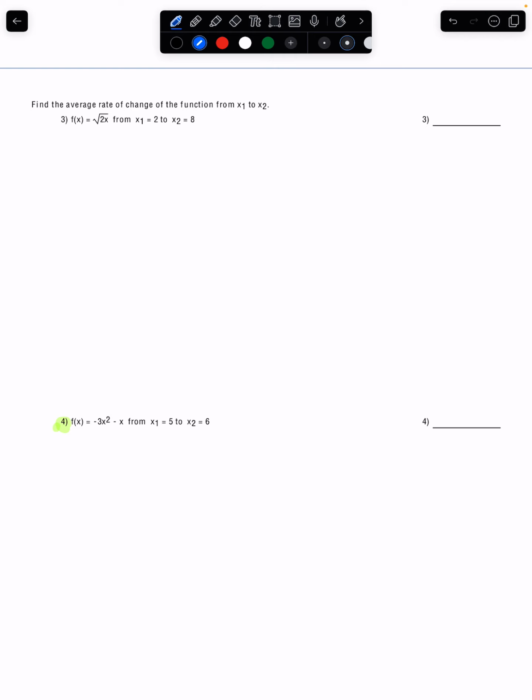Next problem number 4, find the average rate of change of the function from x sub 1 to x sub 2. So when it talks about average rate of change, they're talking about this formula, ROC, average rate of change, which is f of x sub 2 minus f of x sub 1 over x2 minus x1.